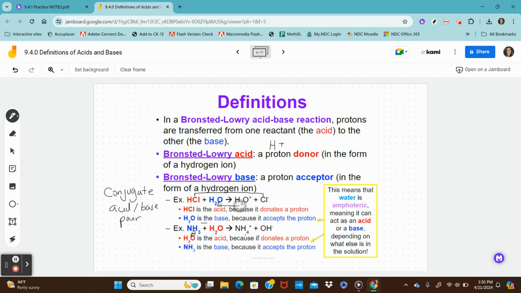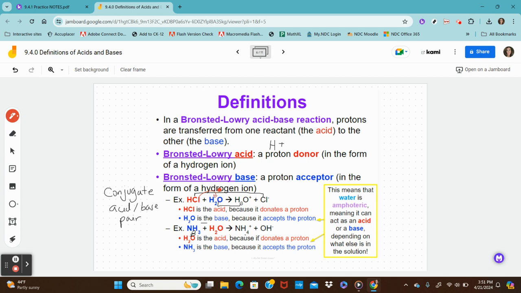We always have 2 conjugate pairs in our equation because we're going to have an acid and a base. So the reason why HCl is the acid, I mean, often it starts with an H, but what you're seeing from left to right is this lost a proton. So it actually is going to give up its proton to the other species.